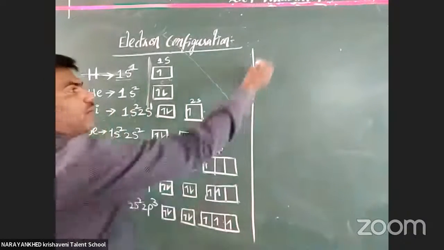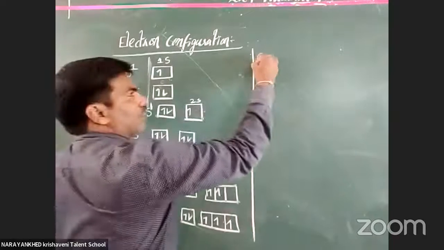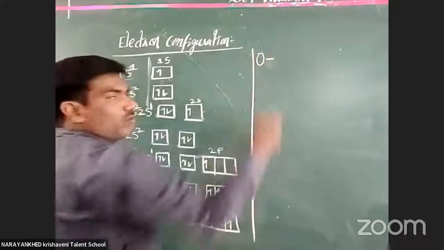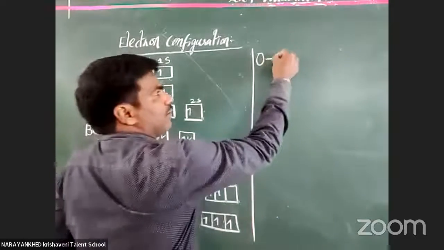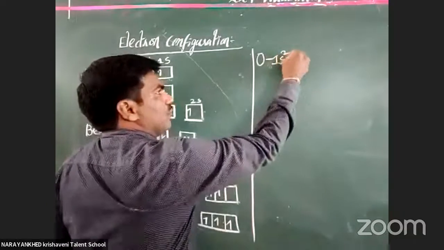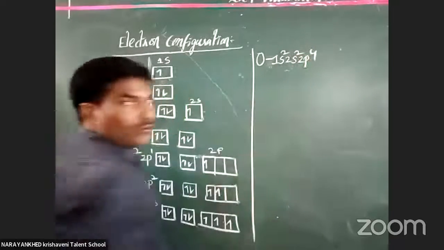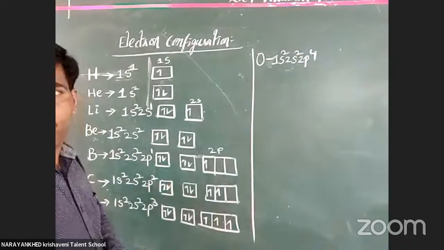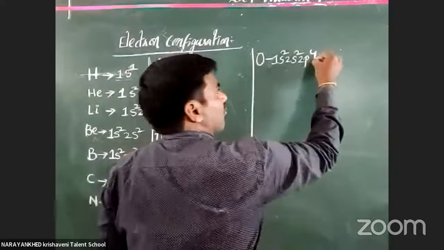Next, I'm taking oxygen. What is the electron number? 8. Okay, now what do you have to write? 1s2, 2s2, 2p4. Now it is also written as follows.